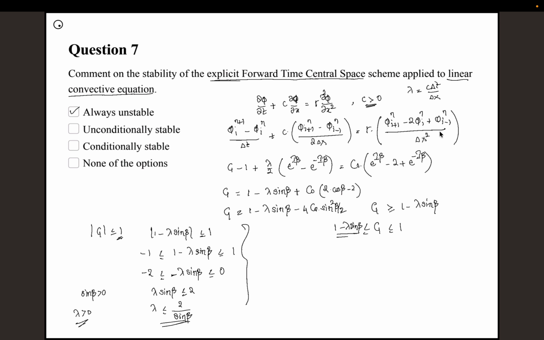In those regions, G value will be greater than 1. So if for any value of beta there is a G value that is greater than 1, then we can call that particular method an unstable one. The criteria for lambda should exist such that it is true for all the values of beta that are possible between 0 to 2 pi, which is not satisfied in this particular problem. I think it is clear.